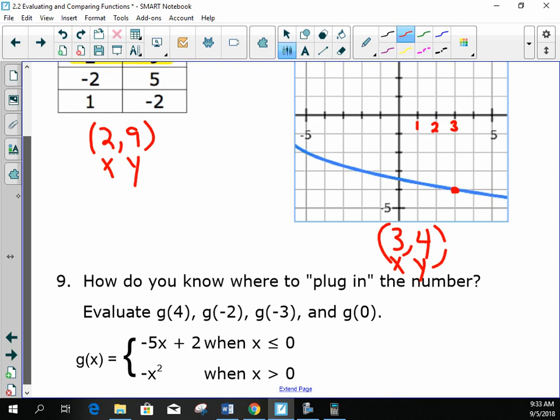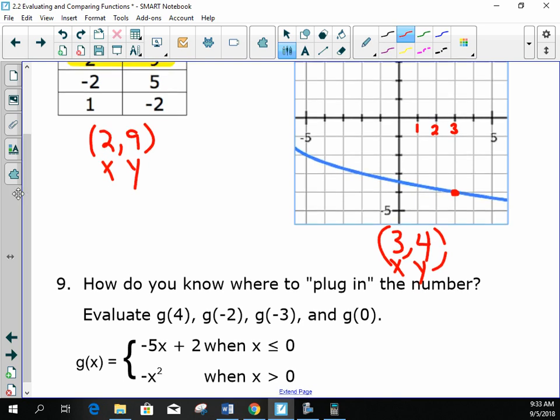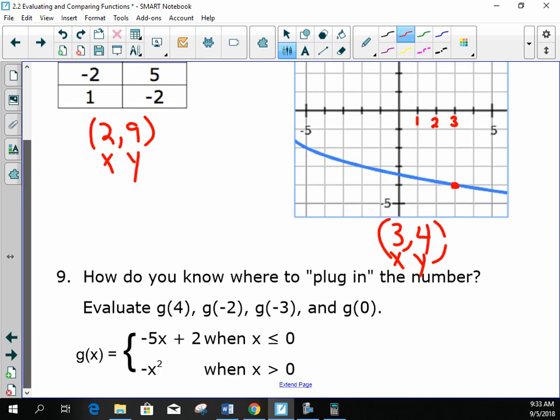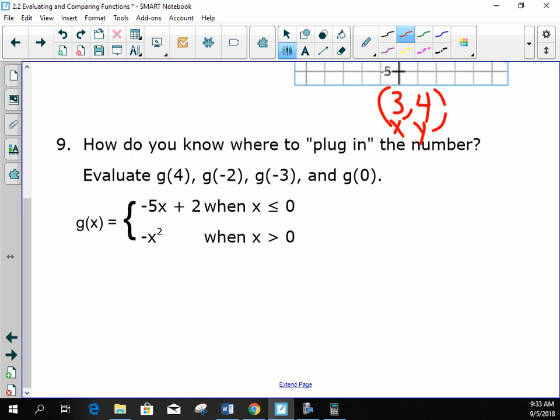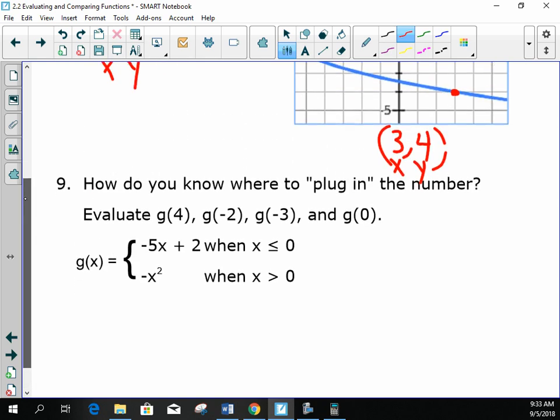So now it says, evaluate g of 4, g of -2, g of -3, and g of 0. So now, how do you know where to plug in the numbers?